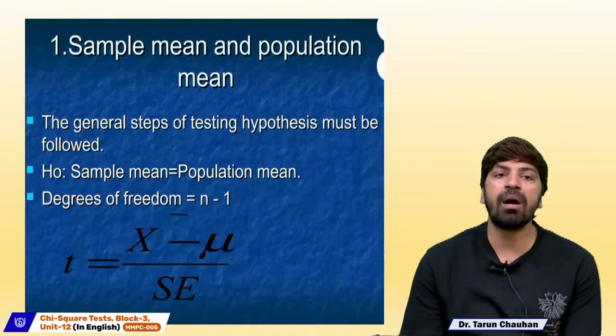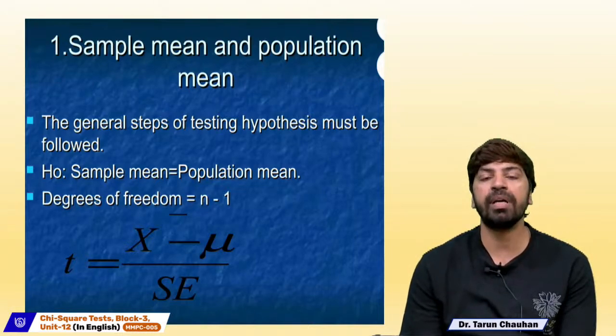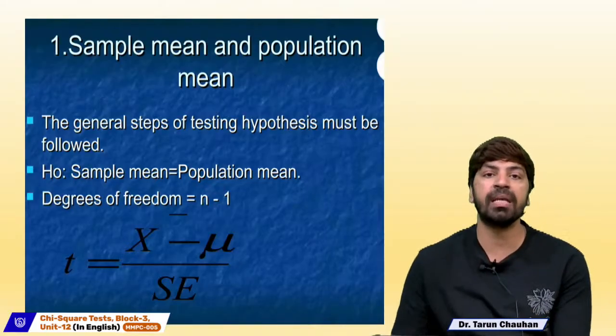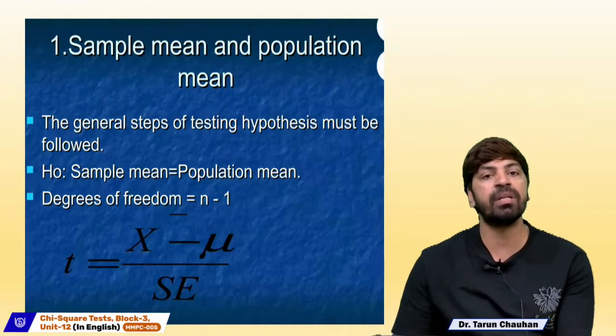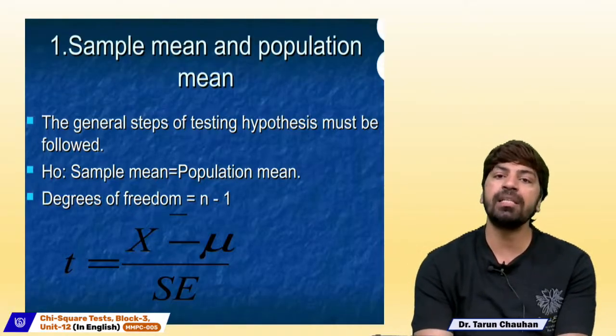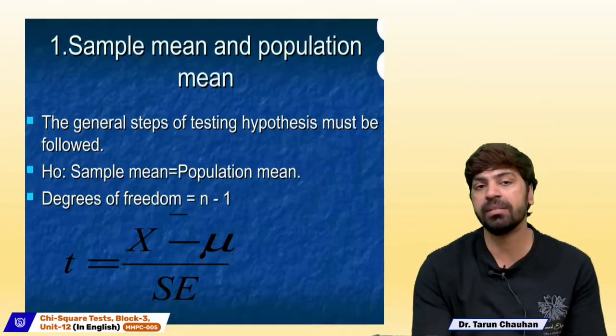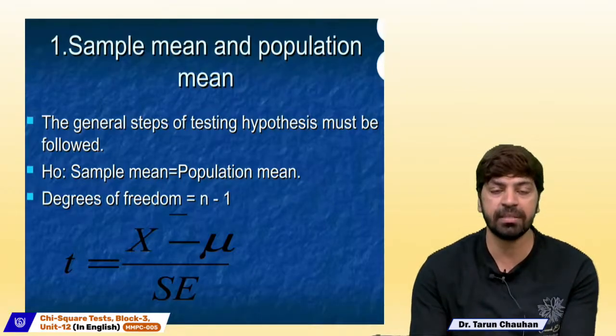Let's talk about the sample mean and the population mean, and how to apply the t-test when the sample mean and the population mean are given in a particular question. The general steps of testing a hypothesis must be followed, whether it is a null hypothesis or an alternate hypothesis.